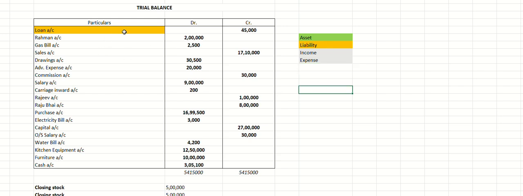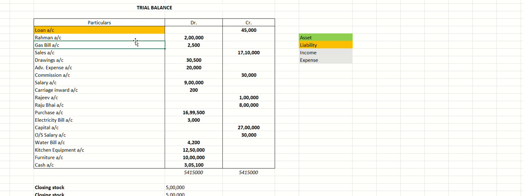So income and expense will go to the profit and loss account. Assets and liabilities are marked in the balance sheet. So we have found our first item to be a liability. Now the second item, Rahman account. Remember, when we have a person's name for the account, please understand it would be either a liability or an asset. It can't be income or expense. Income or expense will not be named after a person.